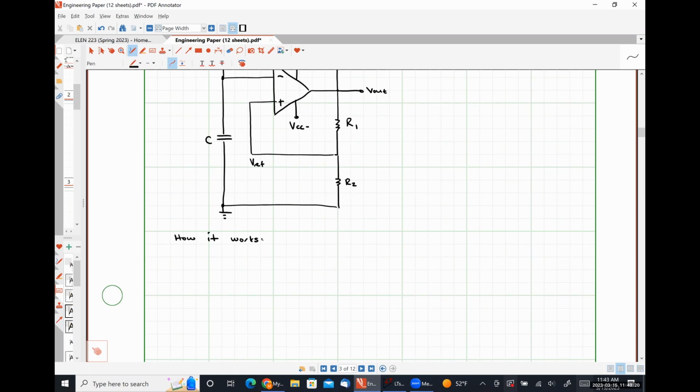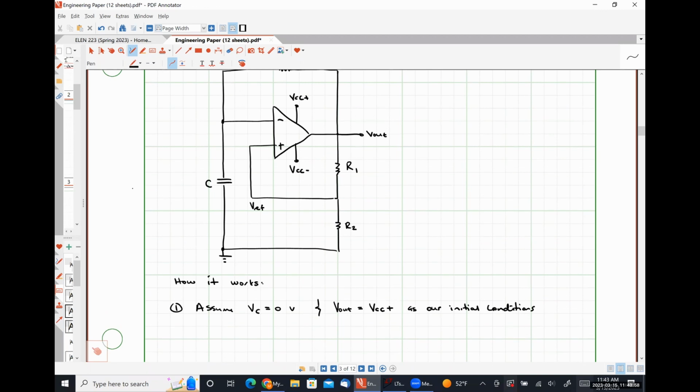step one, we are going to assume our capacitor voltage is 0 volts, so our capacitor is just fully discharged. And we are going to assume that our output voltage is high, or VCC plus, as our initial conditions.